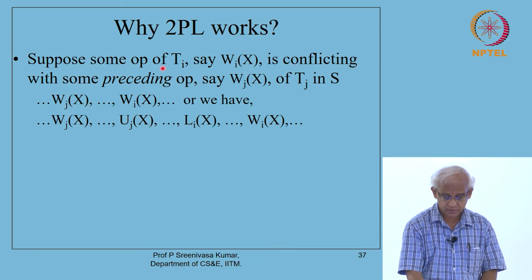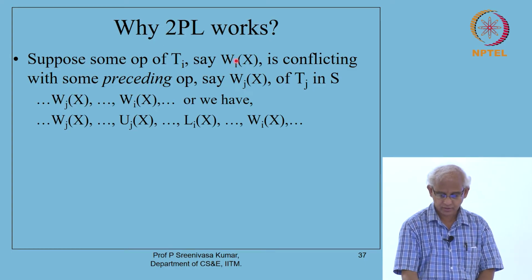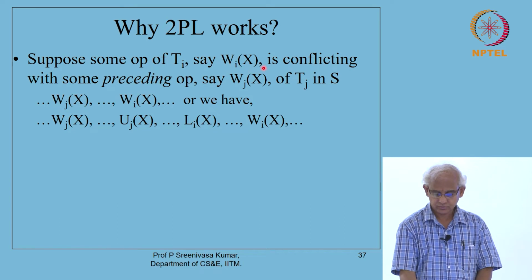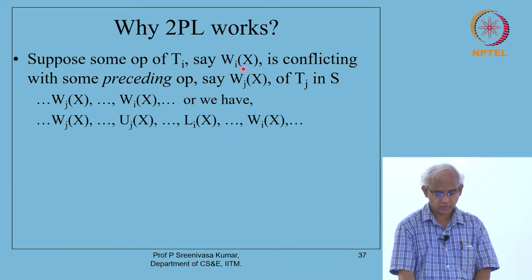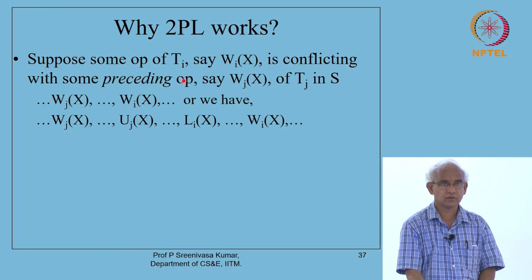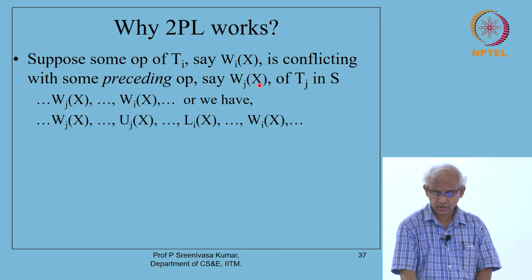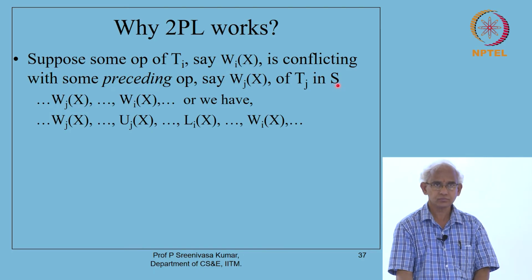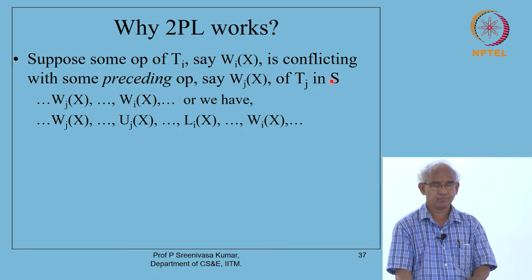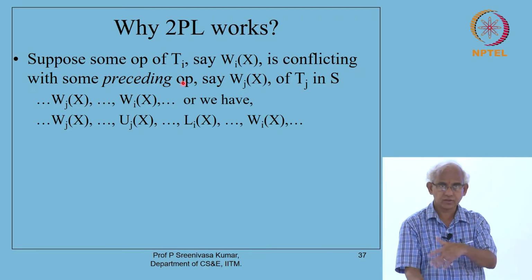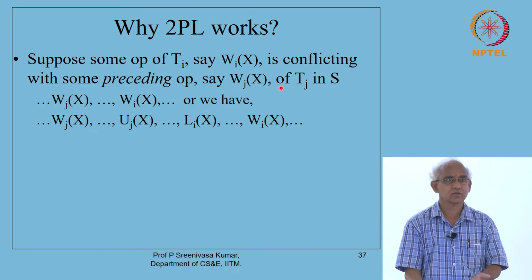Suppose some operation of Ti, say Wi of x, is conflicting with some preceding operation, say Wj of x, in the schedule S. Let us assume that. If we assume this and are led to a contradiction, then we can show that such a thing does not arise.